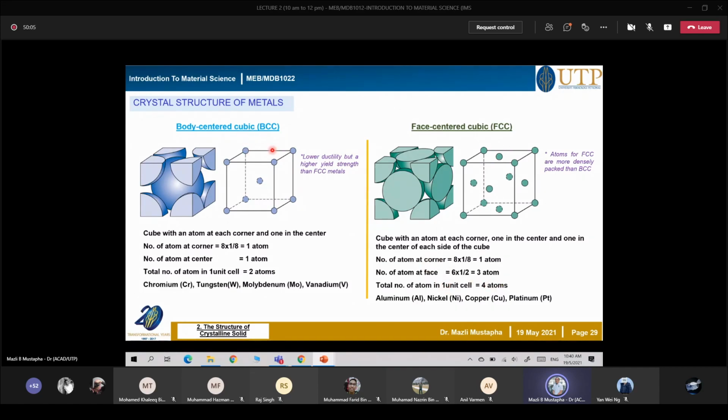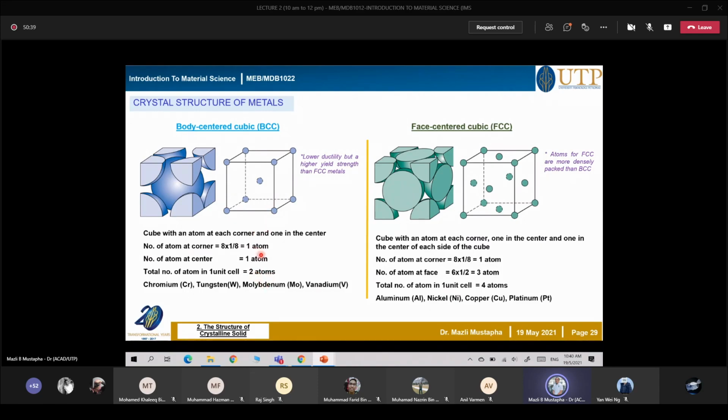For body centered cubic, if I ask you what is the number of atoms in one unit cell, as I mentioned in my previous slide, the unit cell is the repeating unit of the system. So if I ask how many atoms exist in the unit cell of the body centered cubic, the answer is 2.